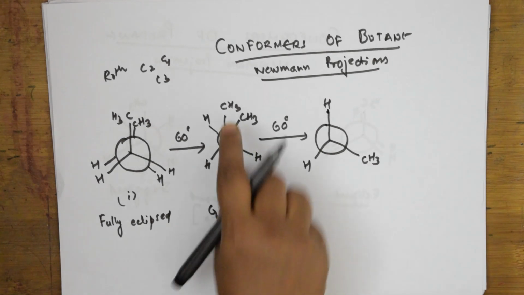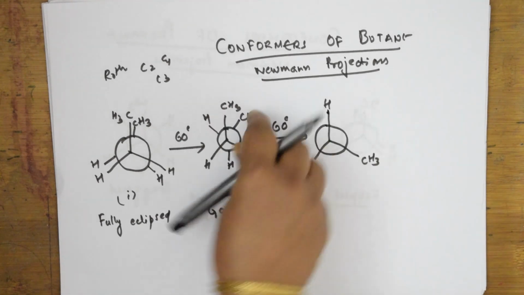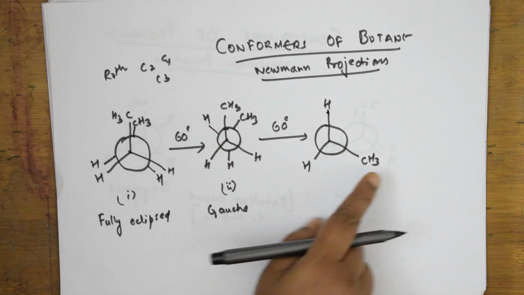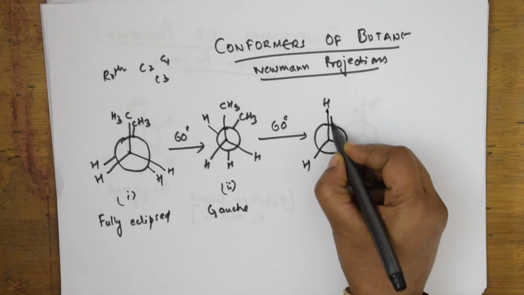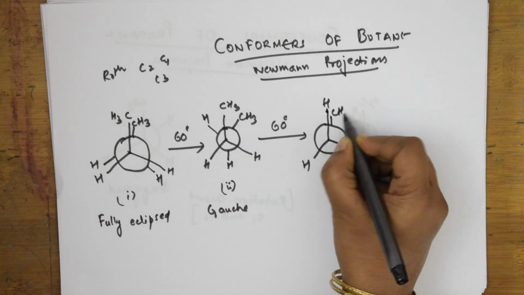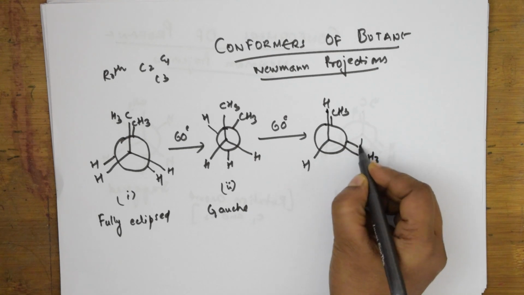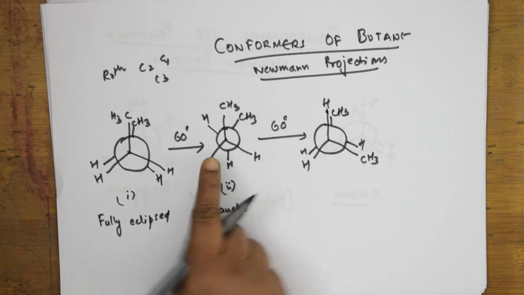Now we have rotated like this. H, the CH3 has come here. H, we still have the second carbon. So one more CH3 comes here, one more H here, one more H. Hope this is clear, students.